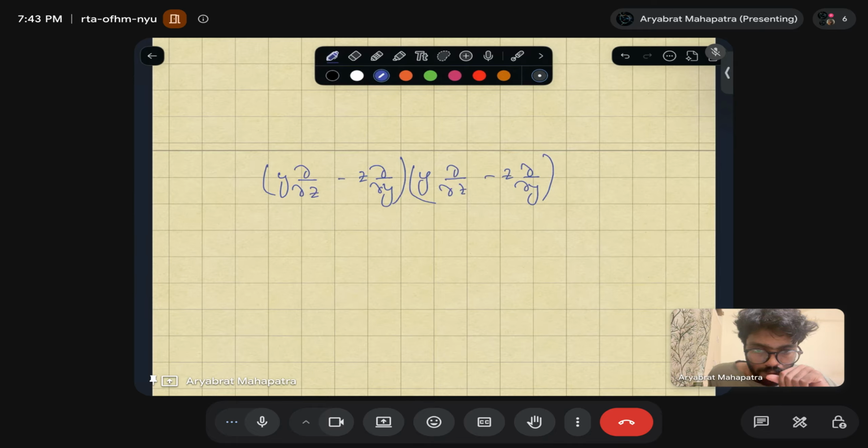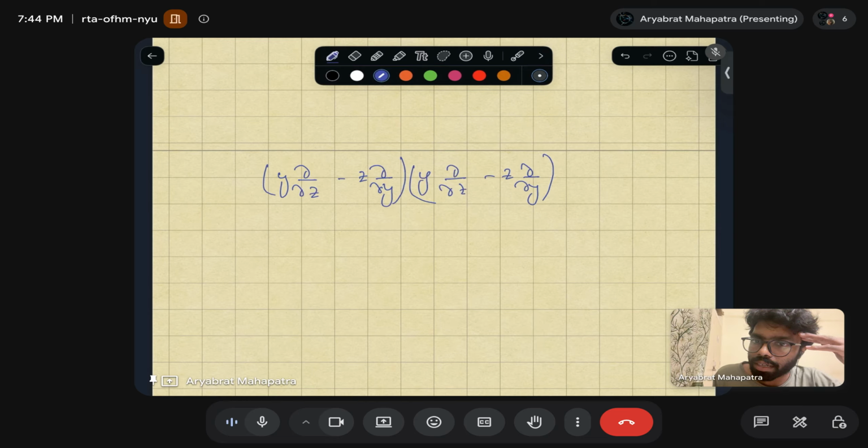Now pz into z I can't change the sequence, because they are operators. So I'm writing pz into z as zpz minus the commutator of z and pz. You are telling the factor of 2 comes because of the cross-type terms, like yz, zx. Yes. But that I can't sort out.